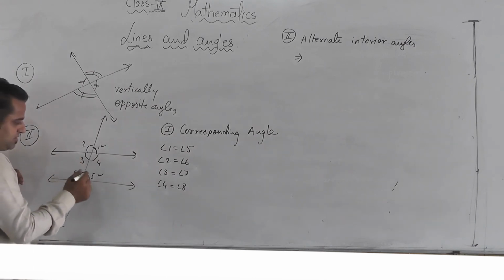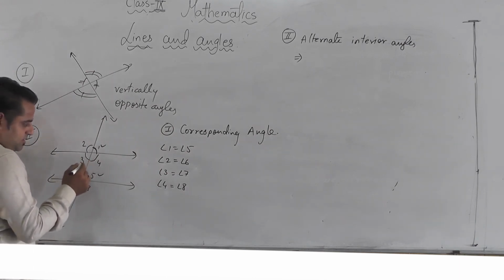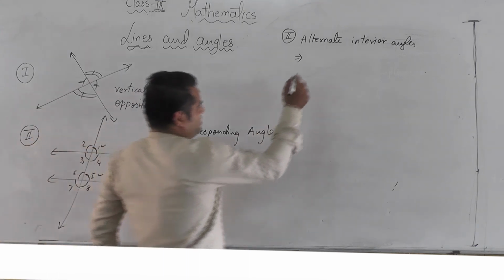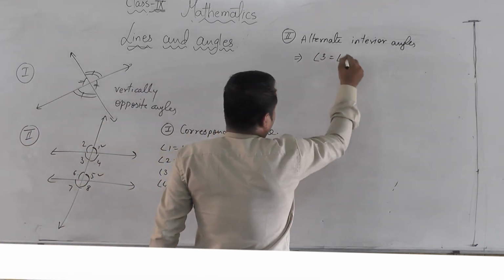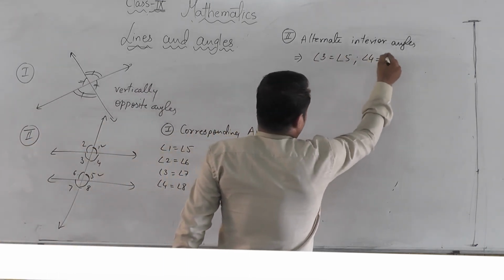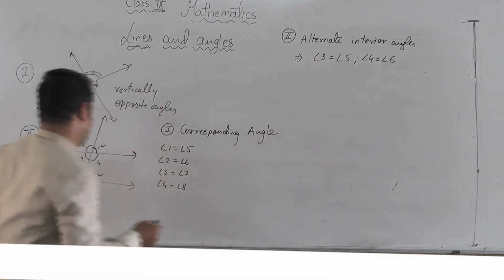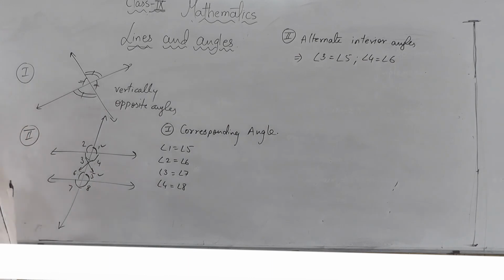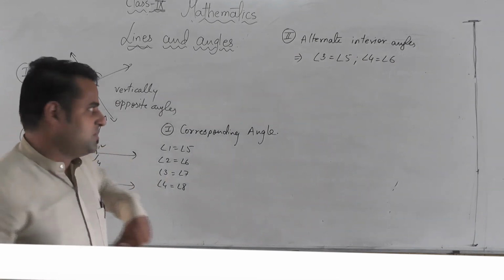Like 3, you can leave 4 and go to 5. 3 and 5 are alternate interior, 4 and 6 are. So 3 and 5, and 4 and 6. These cross angles are alternate interior, because they are in the interior of the lines.